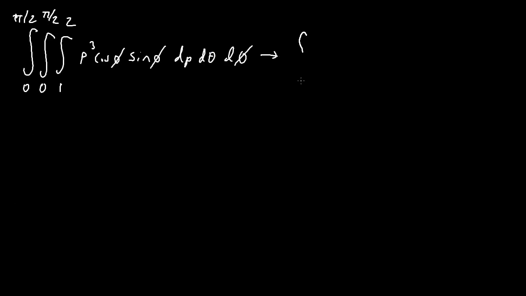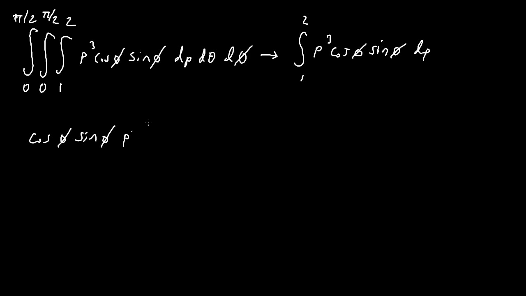So we have the integral from 1 to 2 of rho cubed times cosine phi times sine of phi, and we're going to integrate with respect to rho. So in this case, cosine phi sine phi is going to be a constant. So we have cosine phi sine phi times the integral of rho cubed, which is going to be rho to the fourth over 4, and I'll move the 1/4 with the cosine and sine.